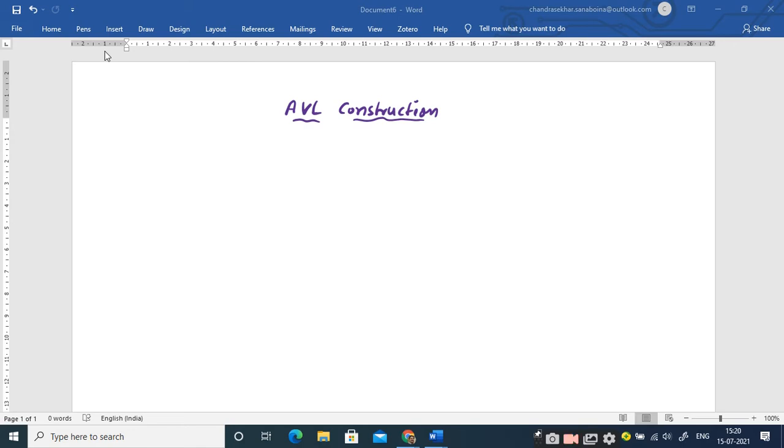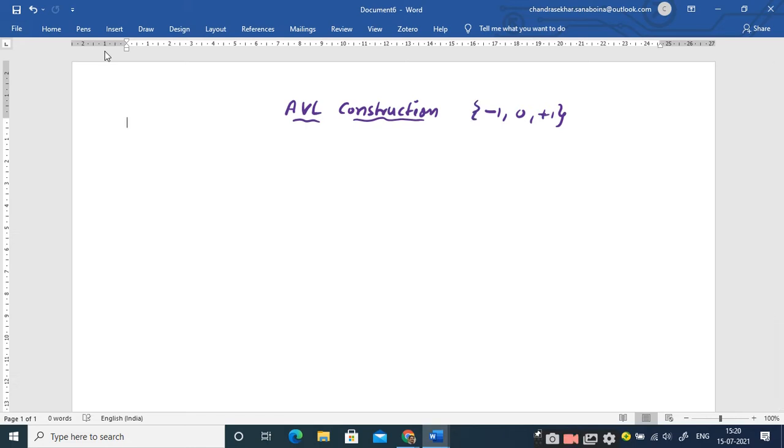But one important point you have to remember here is, after inserting each and every element based upon the binary search tree construction, you have to find out the balance factors at each and every node. Once you calculate the balance factors for each and every node, and if the balance factors of every node fall within the range of -1, 0 and +1, then nothing you have to do.